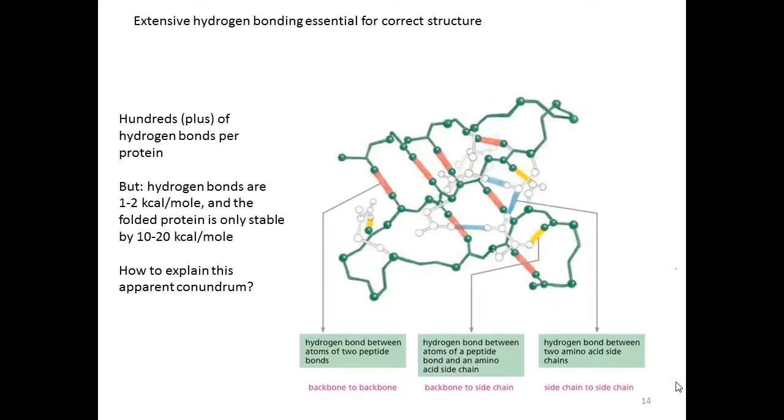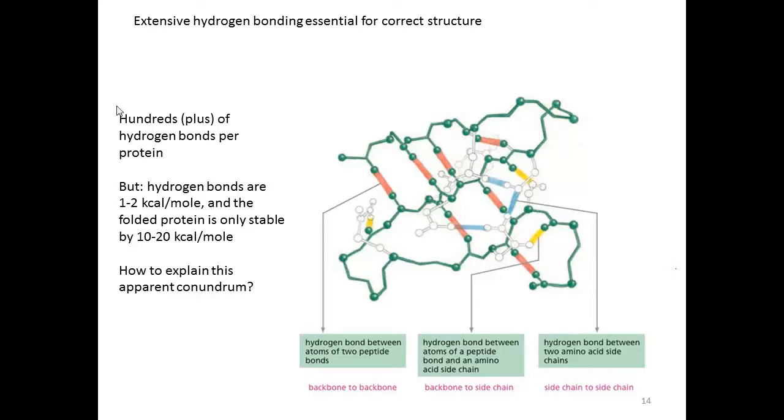A second misconception about protein structure folding is you'll see very frequently it mentioned that hydrogen bonding is responsible for the stability of the folded protein. Let's think about that for a little bit.